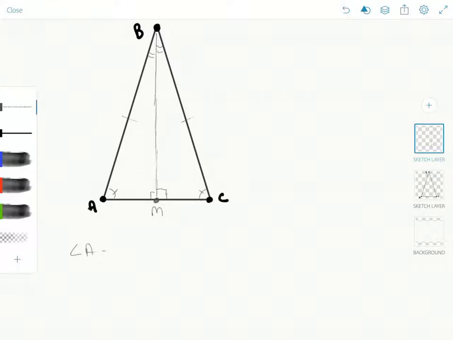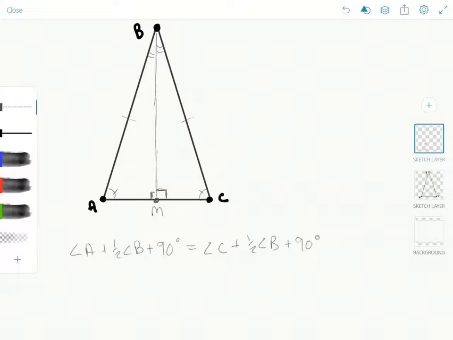Angle A plus half of angle B, because I cut it in half with the angle bisector, plus 90 degrees, the right angle down here, should be equal to angle C plus half of angle B, the other half of angle B, plus the 90 degrees from the perpendicular bisector right here.